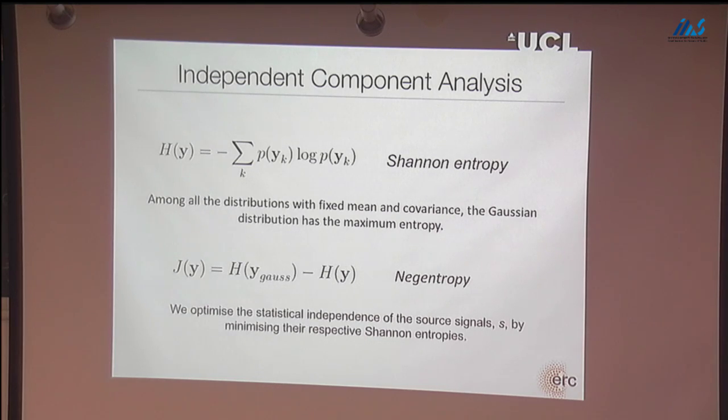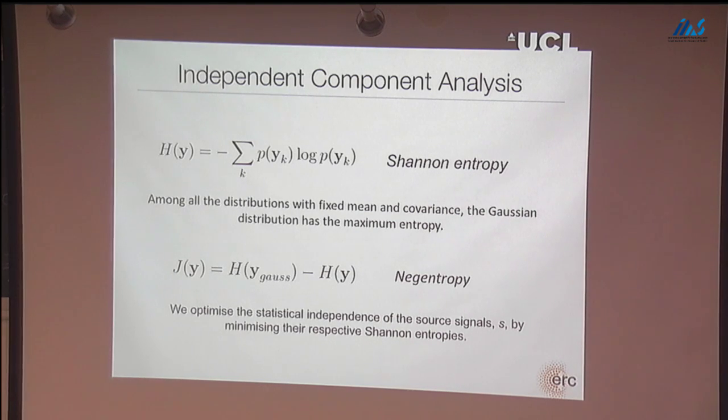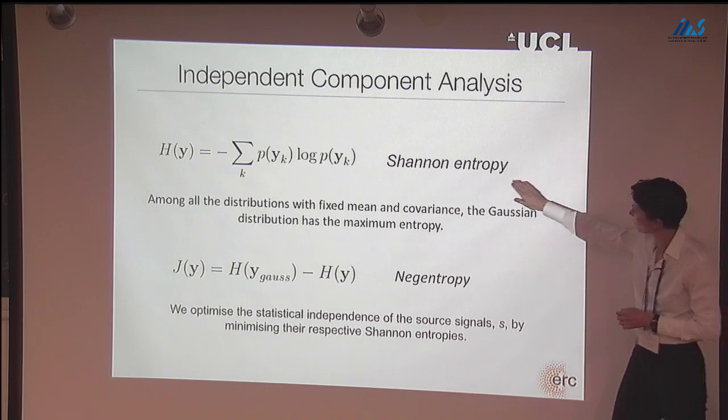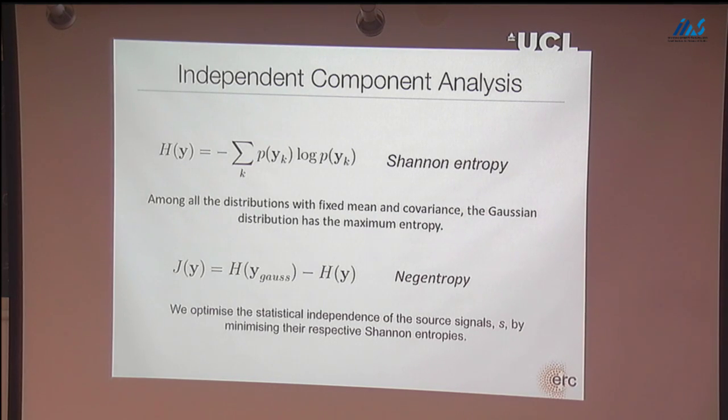Well, a couple of things about Shannon entropy. I'm sure you have seen Shannon entropy before. Shannon entropy is a way to quantify the information content, for instance, of a particular vector. If you calculate the Shannon entropy for a Gaussian distribution of points, this is typically the maximum entropy for a distribution with the same variance and the same mean.